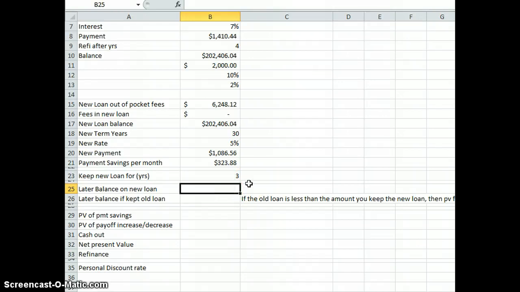So it'll be the balance after the 3 years that we've been living here. So it's going to be negative. I'm just doing negative because it'll make that number positive.